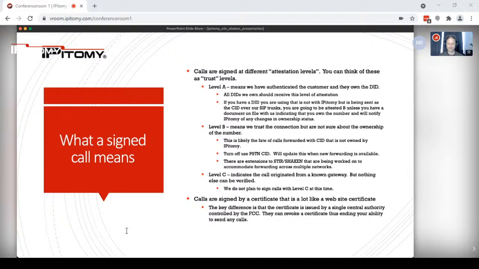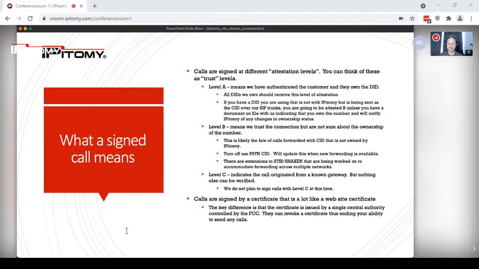But there is a way that they're going to allow that to occur, but there's going to have to be multiple signatures involved. We're going to keep an eye on that, and we're going to try to support any new technology that comes out with regard to that. But it's not finalized yet.